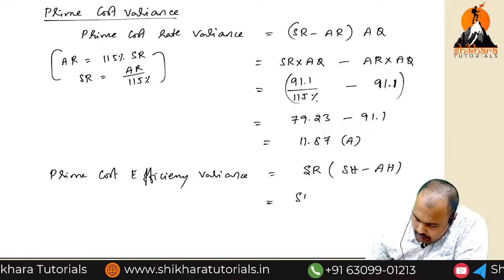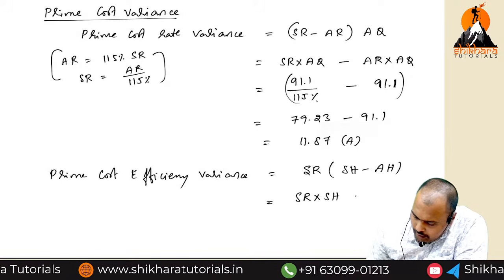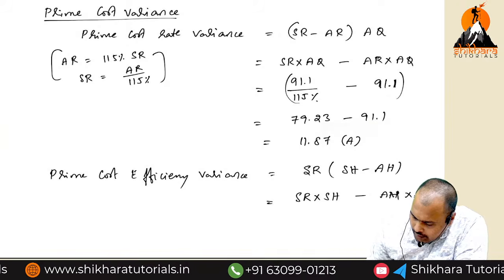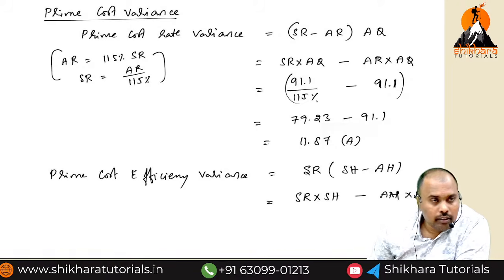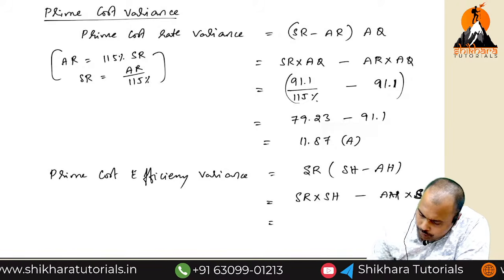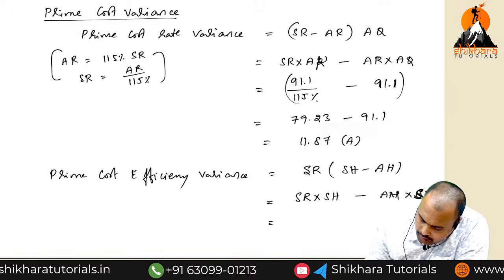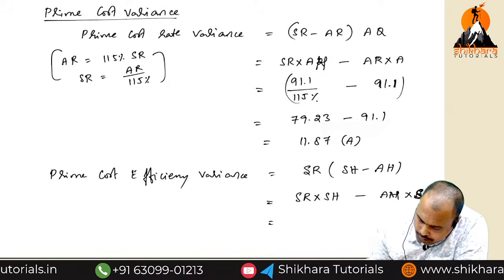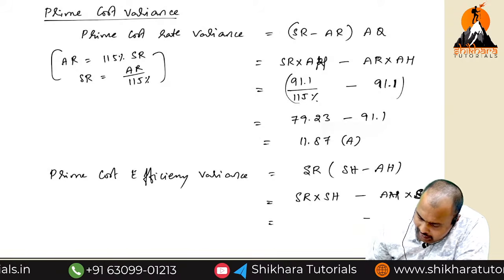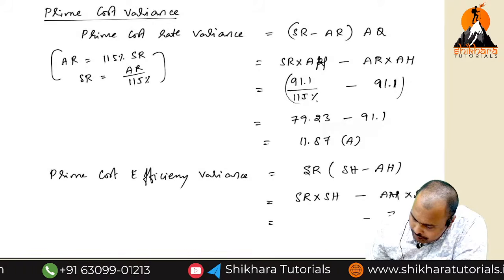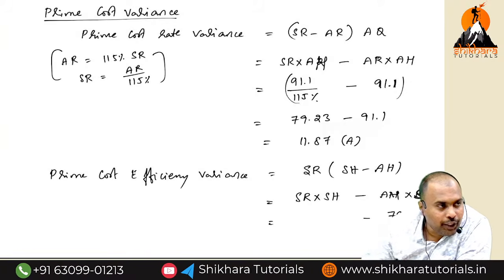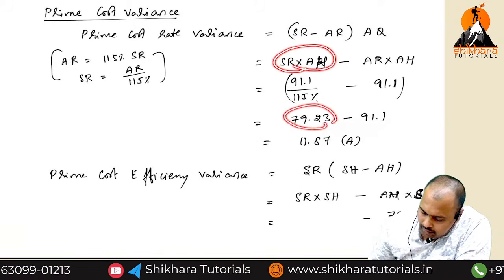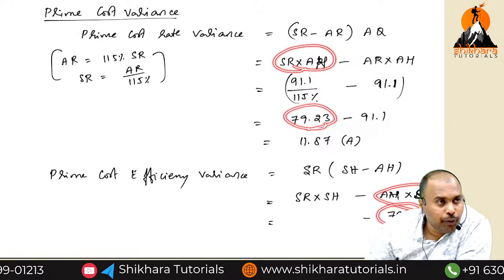Now, standard rate into standard hours minus actual hours into standard rate. Clear. What is AH into SR? 79.23. AH into SR is 79.23.